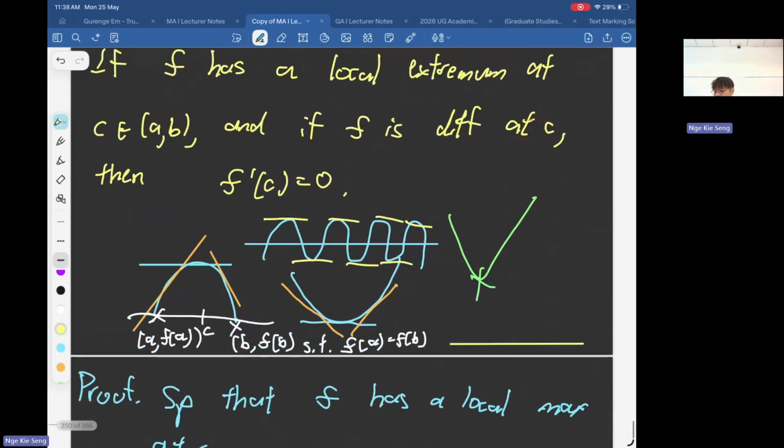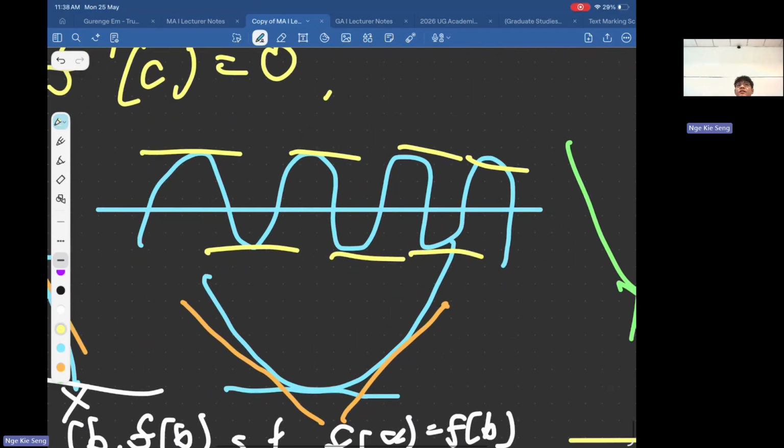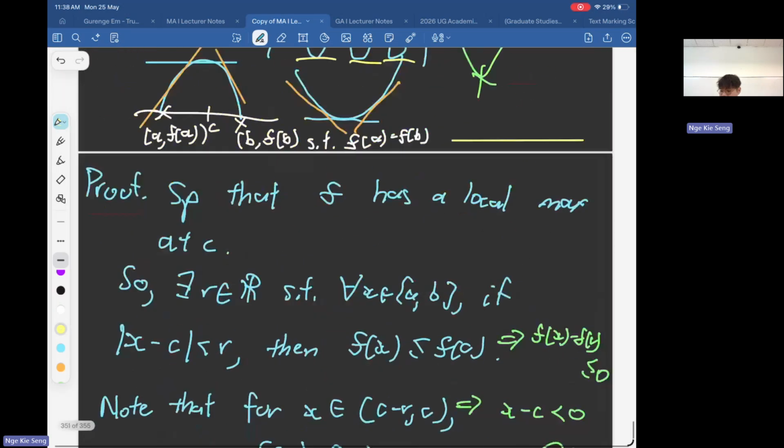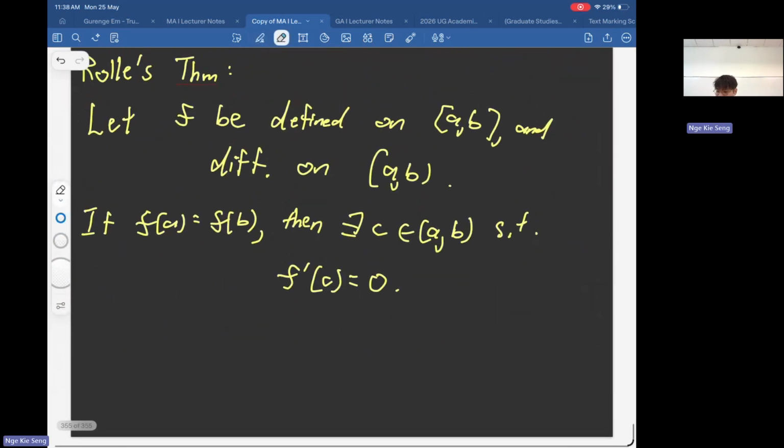If it's not constant, you need some theorem to tell you that this function can actually go up and go down, so that we can use some result of the first derivative test. Okay, so proof.